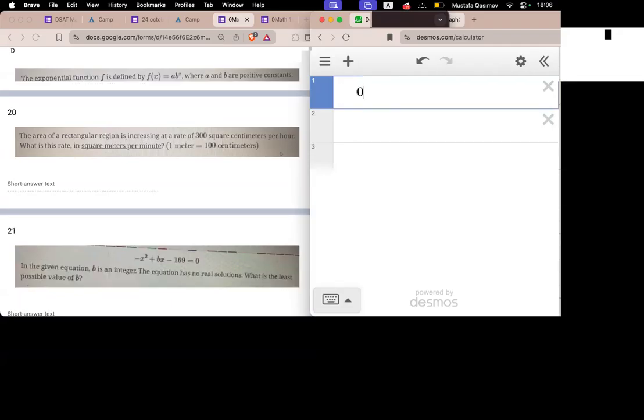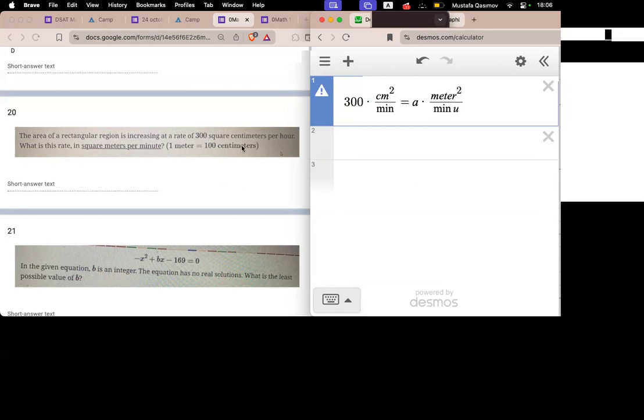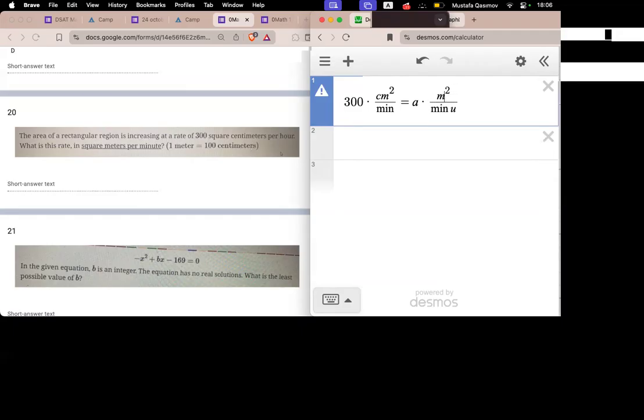Area of rectangular region increases at a rate of 300 square centimeter over minute. It is equal to, let's say x, square meter over hour. You can see that 1 meter is equal to 100 centimeter, right? So let's write instead of 1 meter, 100 centimeter.